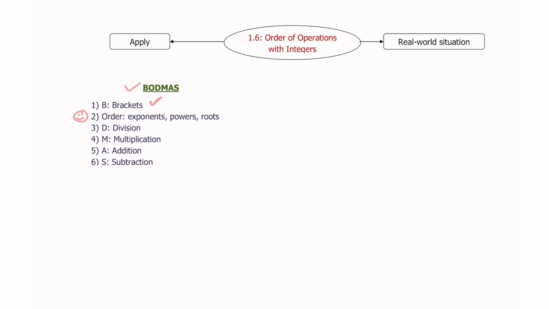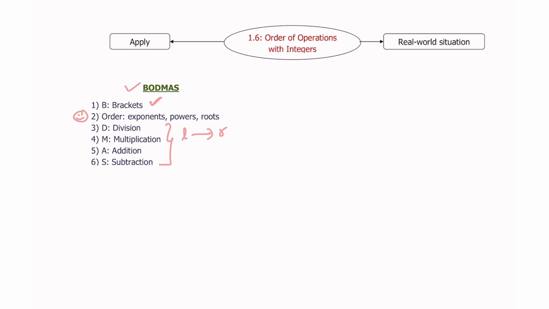That's the order, and then as you go 1, 2, 3, 4, 5, 6, that's how you do. When you're doing division, multiplication, addition, subtraction, it's always good to go from left to right. And that's it. Let's take some examples and understand this better.